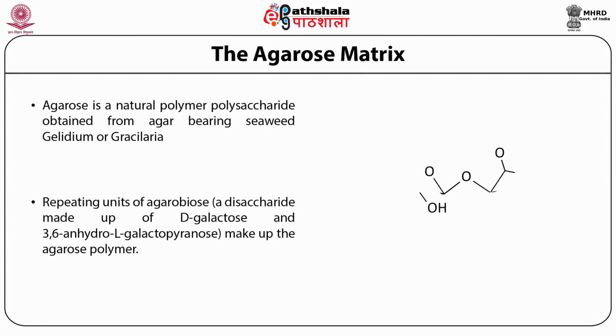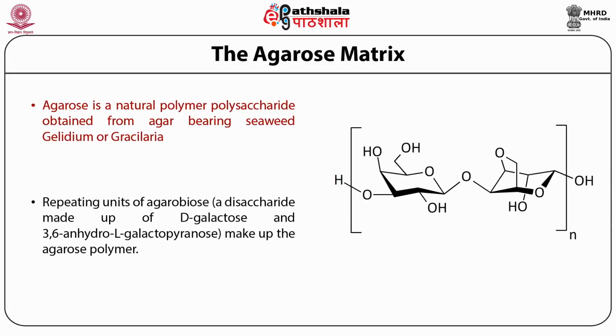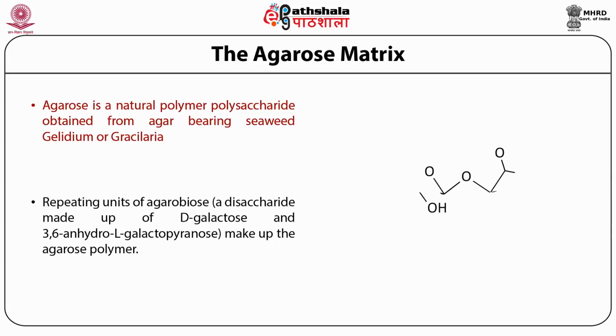What exactly is this agarose matrix? Agarose is a natural polysaccharide polymer obtained from agar-bearing seaweed, Gelidium or Gracilaria. Agar is composed of agarose and agaropectin, of which the agarose is obtained after purification.